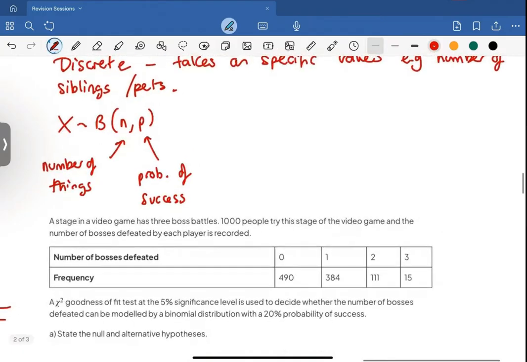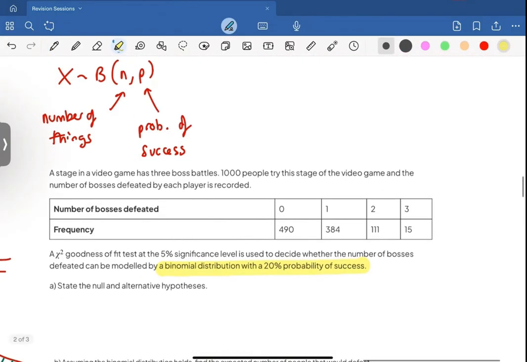We've got a video game has 3 boss battles, and 1,000 people try the stage of the video game, and the number of bosses defeated by each player is recorded. So they either defeat 0 bosses, 1, 2, or 3. A chi-square goodness of fit test at the 5% significance level is used and can be modeled by a binomial distribution with a 20% probability of success.